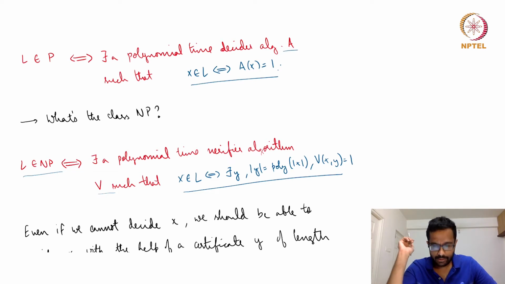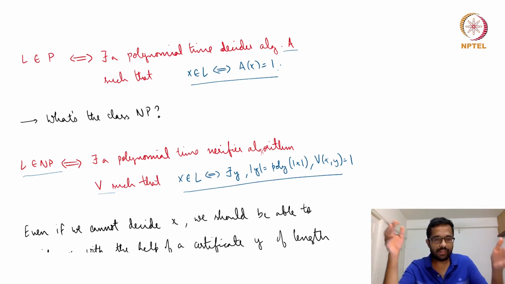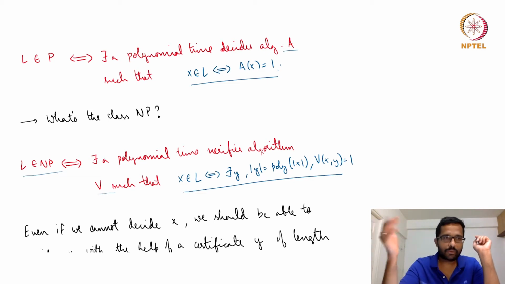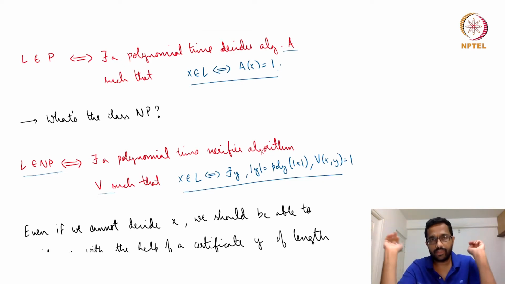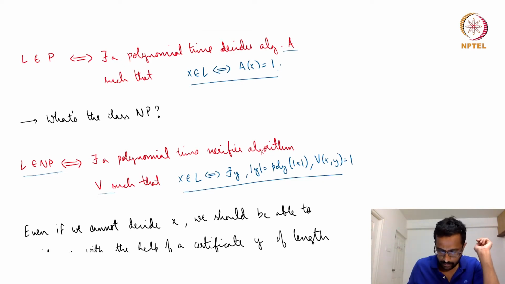NP is a class of languages L which have polynomial time verifiers, meaning whenever X is in the language, there is a certificate string Y which can be used to verify the membership of X. Y has two properties: the length of Y is at most polynomial in the length of X, and the running time of the verifier is polynomial in the length of X, and also in the length of Y, but anyway the length of Y is polynomial in the length of X. In this notation we use V to denote the verifier algorithm.